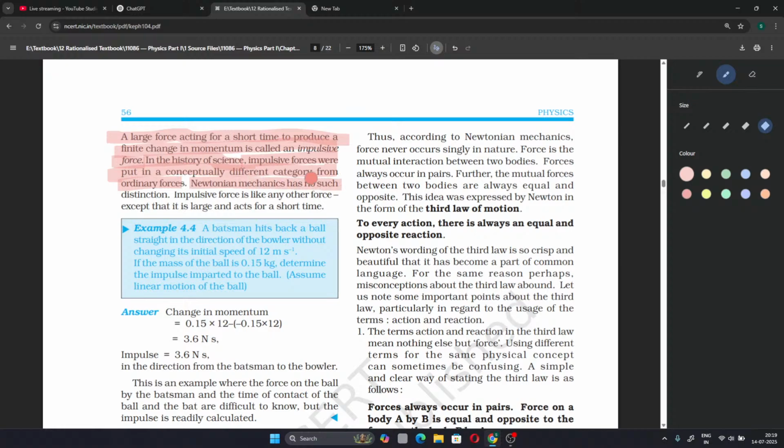Newtonian mechanics has no such distinction. Impulsive forces are like any other force, except that they are large and act for a short time.